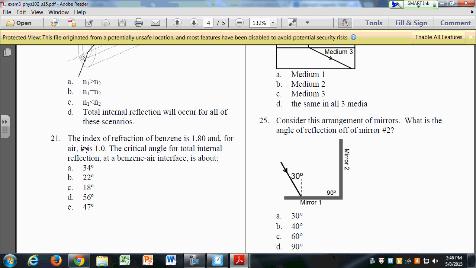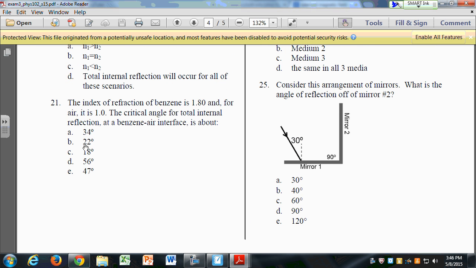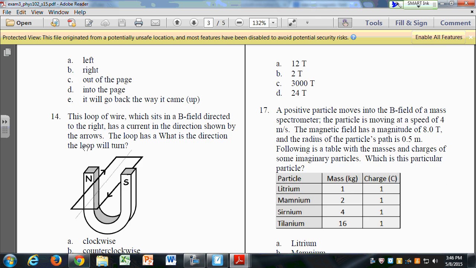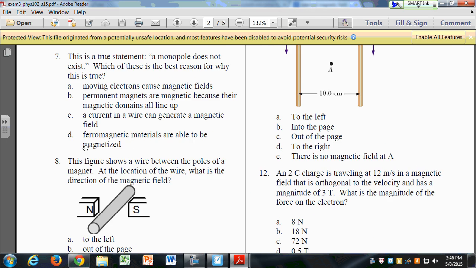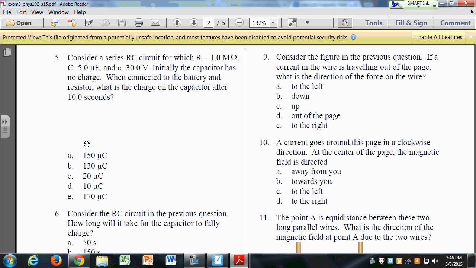Okay. Anything else from this test? Like this one, number 5? Okay, so this is a charging capacitor.